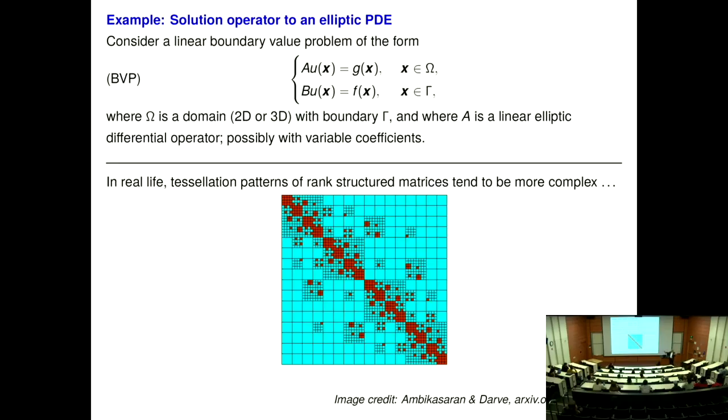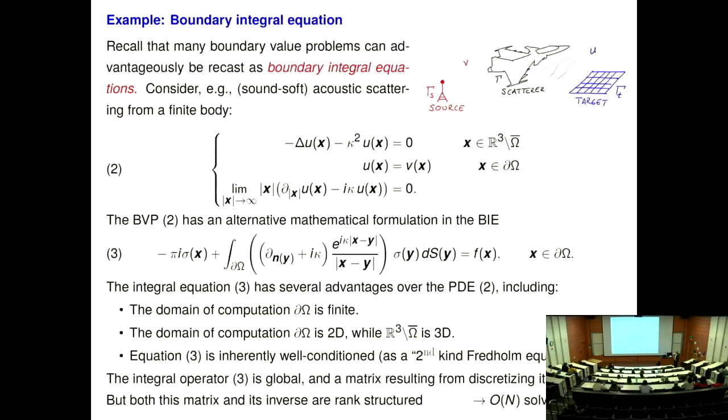So if you're in 3 dimensions, you have an octree, and in this case, it's a 2D problem, it's a quad tree that's mapped onto some linear ordering of the matrix, right? So you really should think of these operators as tensors. They map 2 or 3 tensors to 2 or 3 tensors. But they have this hierarchical structure.